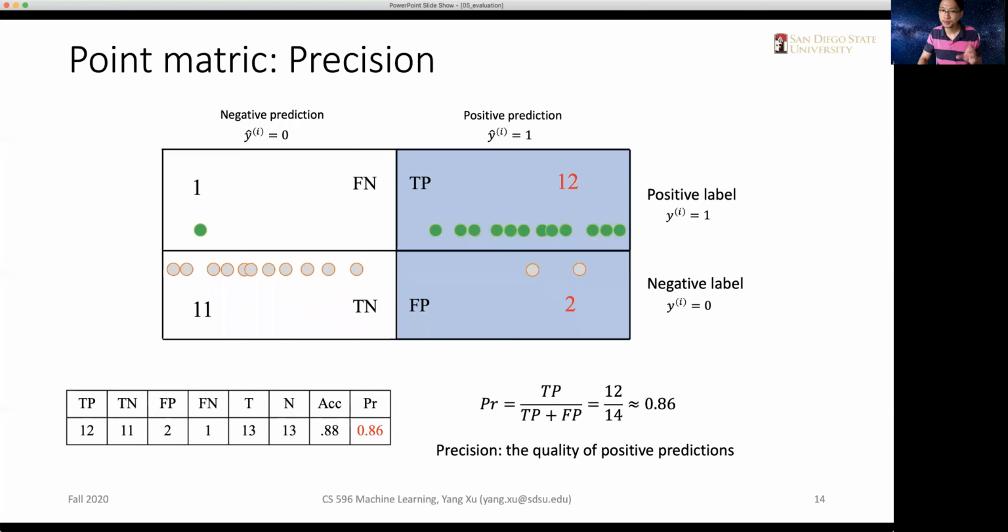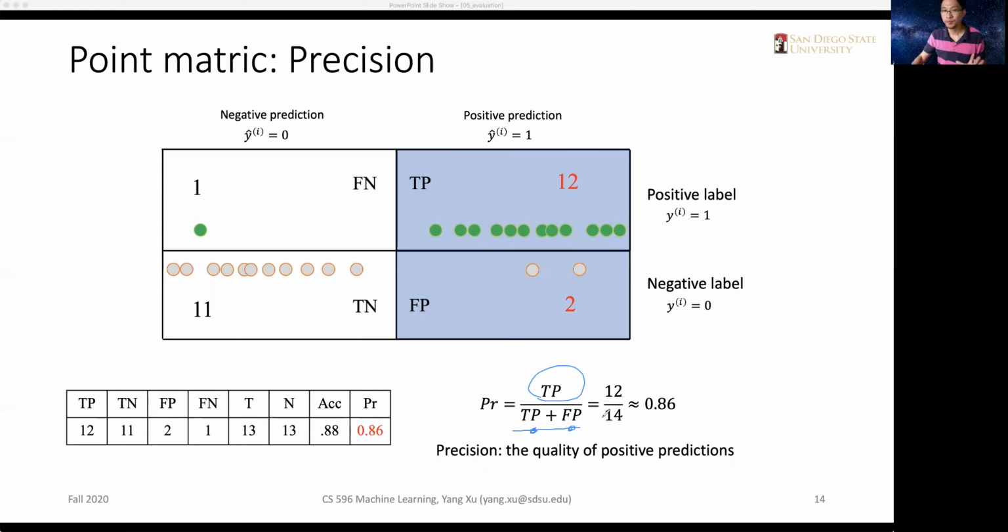The precision is defined as the ratio of true positives among the total of true positives and false positives. Think of it that way.